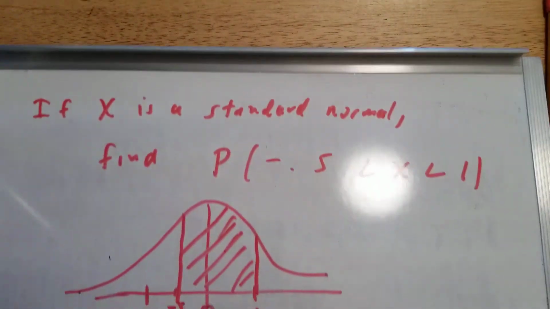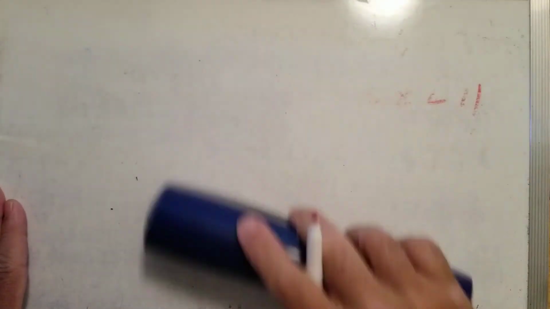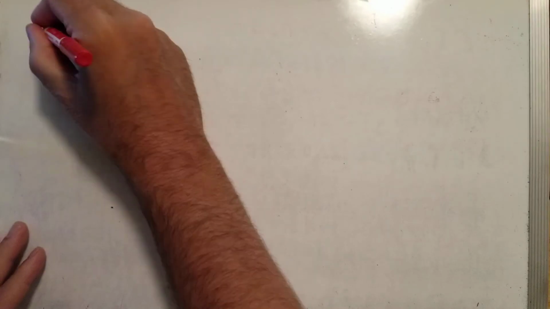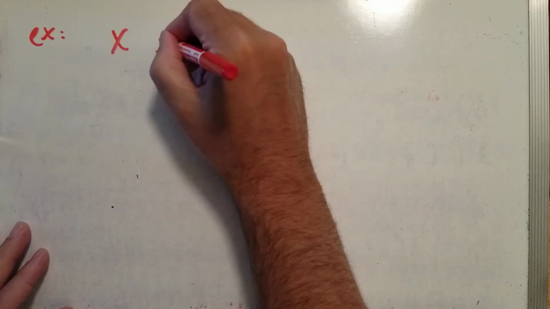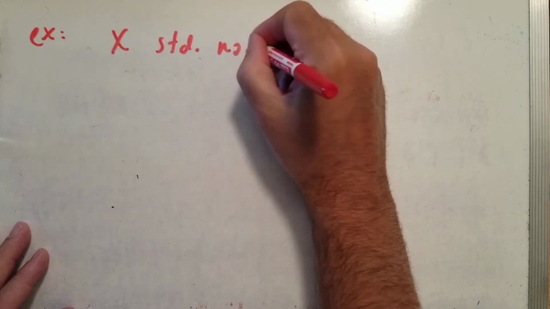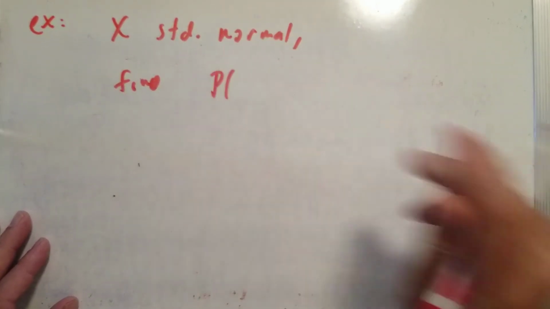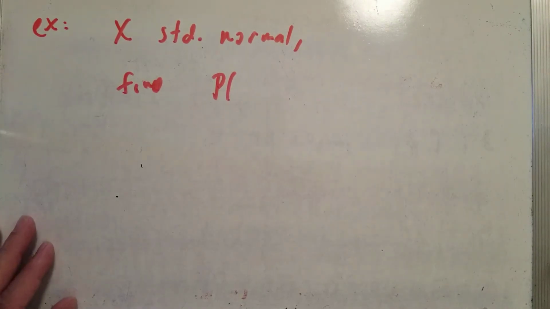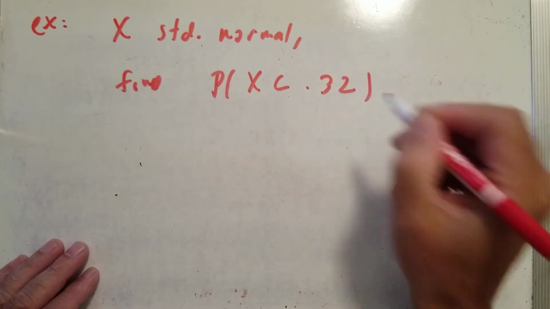We can do the same thing going in the other direction. So as another example, here's another example of x is a standard normal. Find the probability that x is less than 0.32, say.